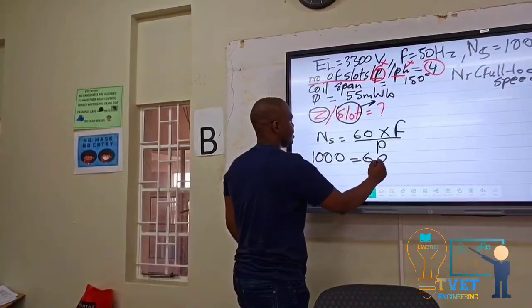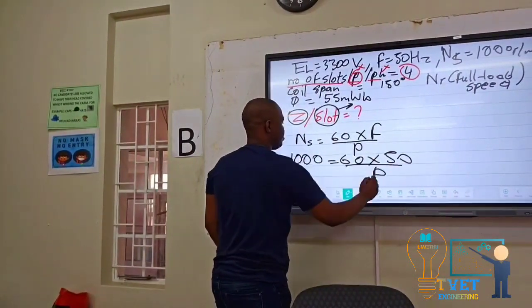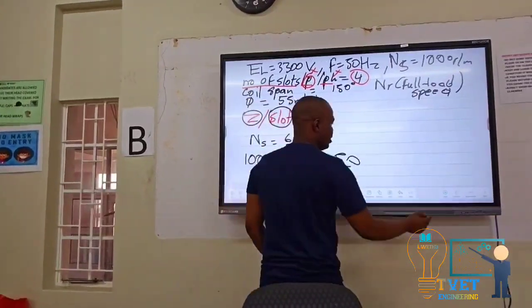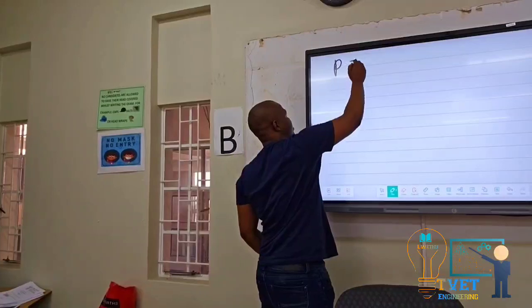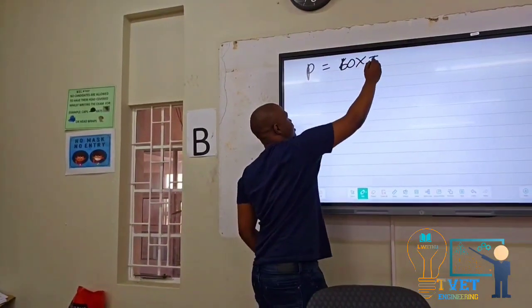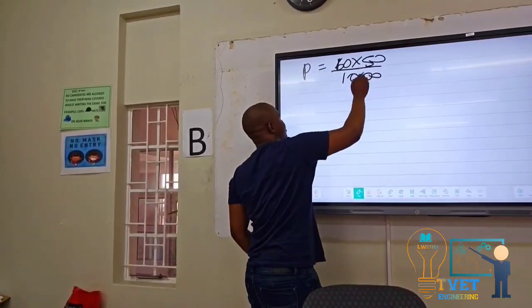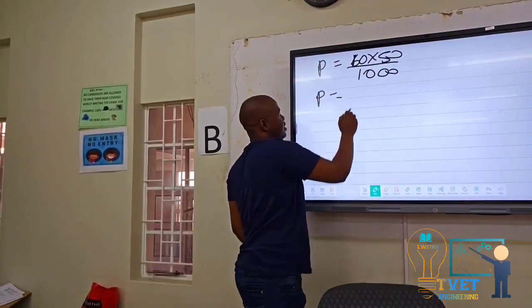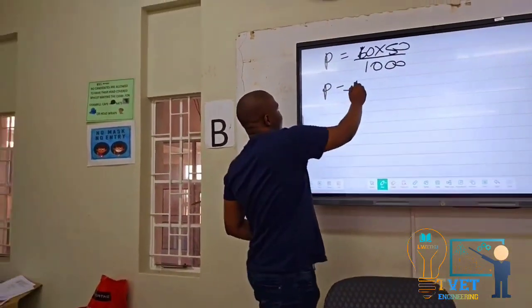Now 60 times 50 over P. So I'm making P the subject of the formula. So P is going to be 60 times 50 divided by 1000, which is 3.